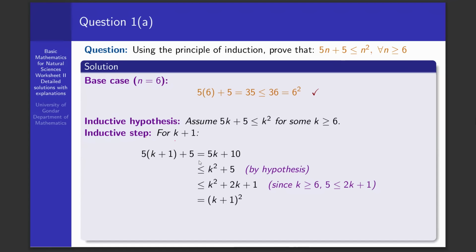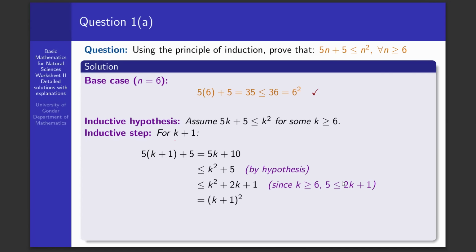And then, this is less than or equal to k square plus 5 from the hypothesis that we already have here. In this case, we have still less than or equal to k square plus twice of k plus 1, because k is greater than or equal to 6, so 5 is less than or equal to twice of k plus 1.